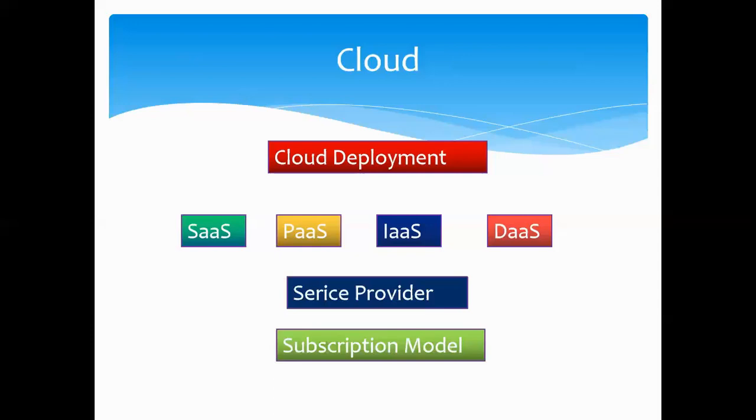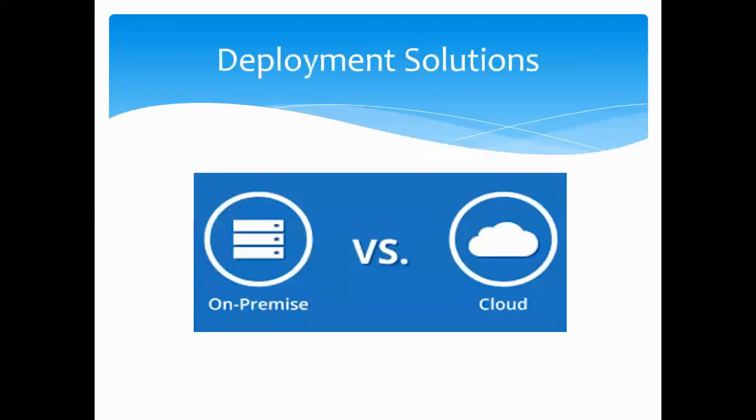Okay, let's move on. Let's talk about on-premises and cloud. What is an on-premises application? R12 or R11i, these are all on-premises. Any application which is not a part of the cloud is nothing but an on-premises application. In the sense, these are all being managed and maintained by your own folks. The server would be in your premises, or it could be in other premises, but it will be managed by your own folks.